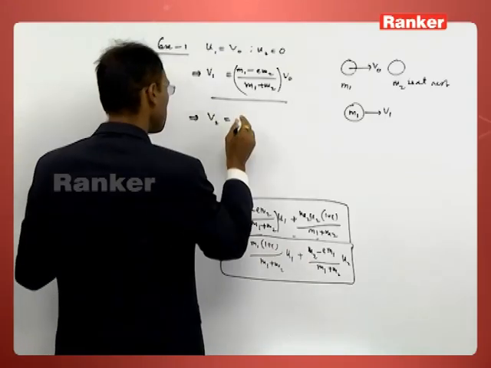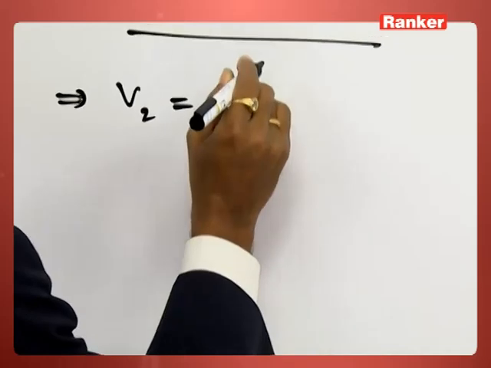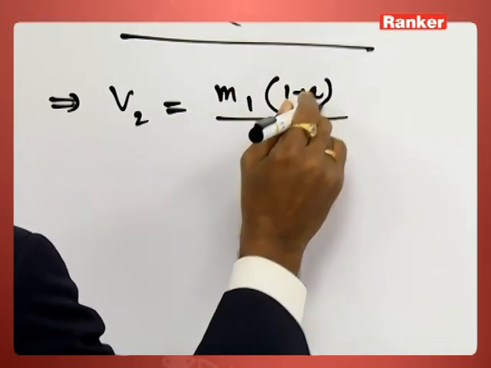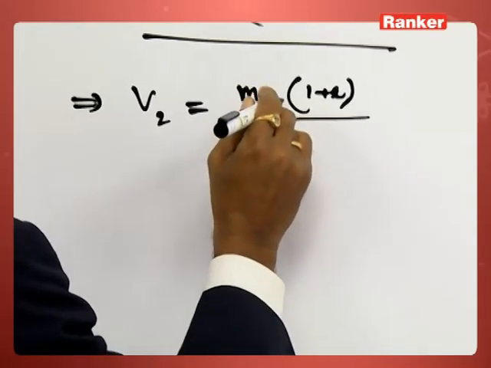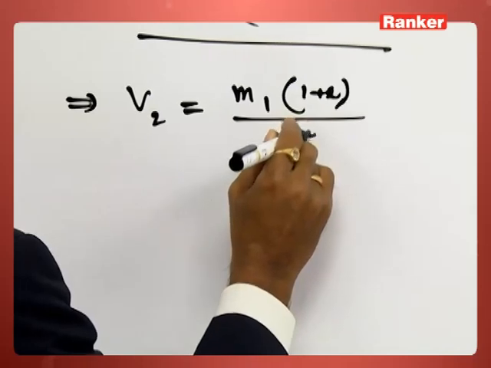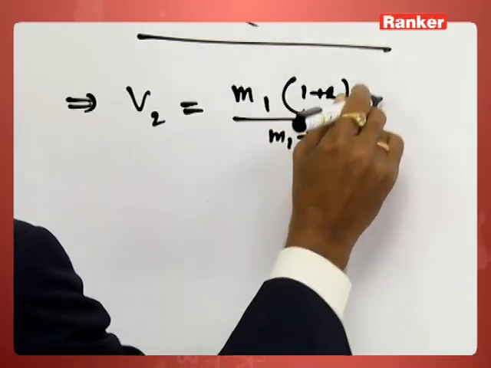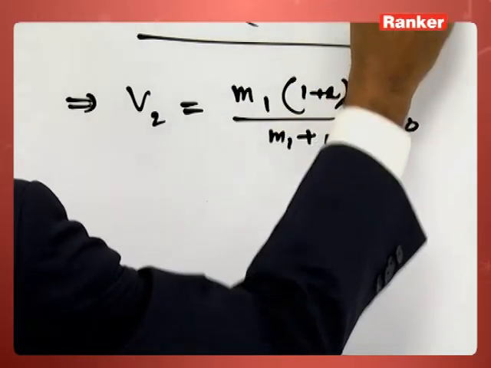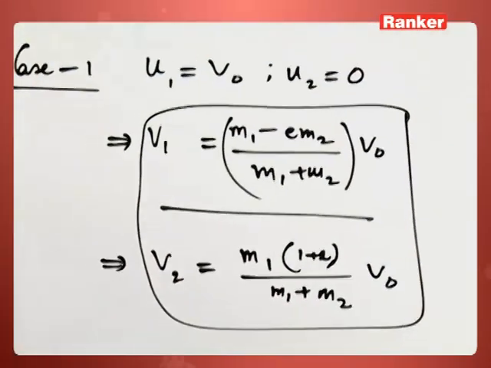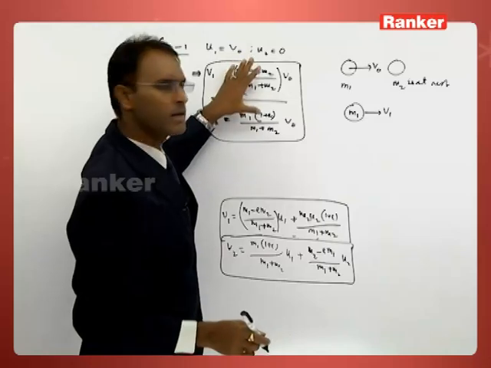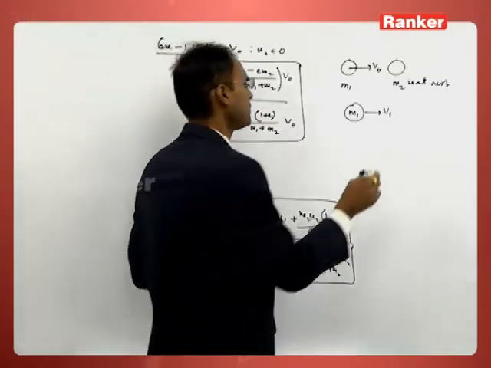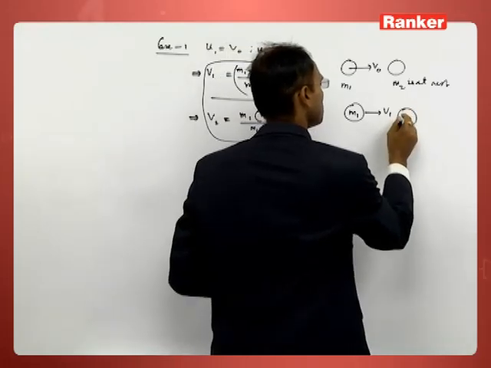Eventually, you are getting V2 equal to M1 into 1 plus E multiplied with M1 by M1 plus M2 into V0. If one body is stationary, you can write these two expressions of the final velocities.